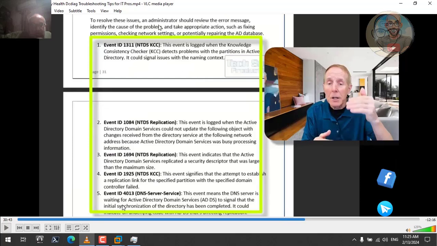And these are the errors that will be logged if this test failed. You can ask the AI tools to explain each one of these events if you need to have more info about the event itself.